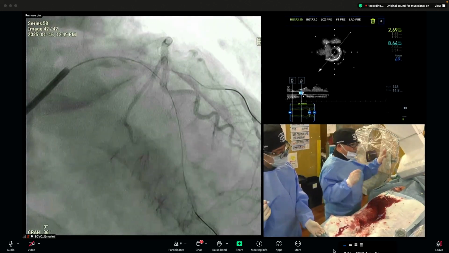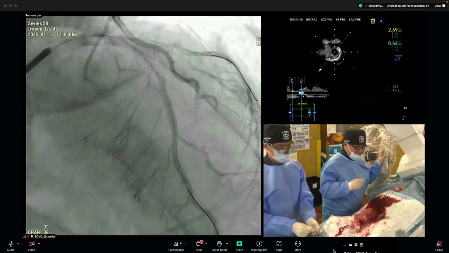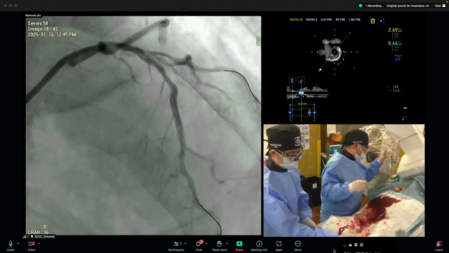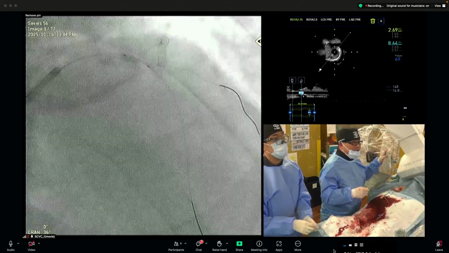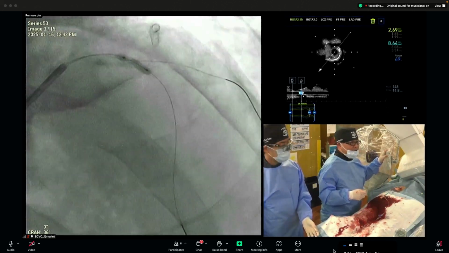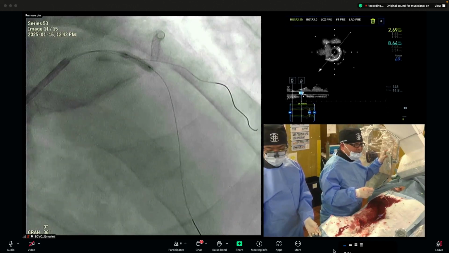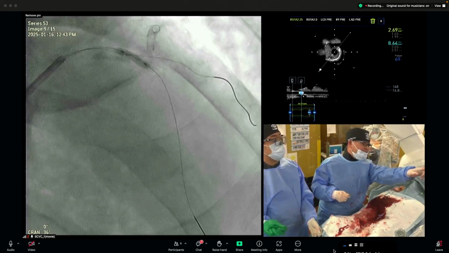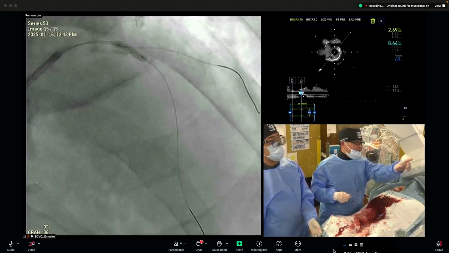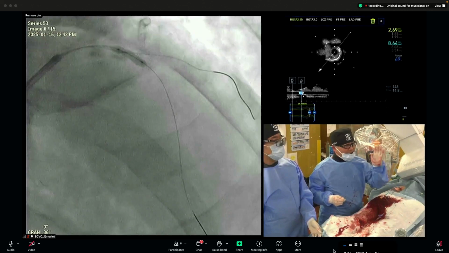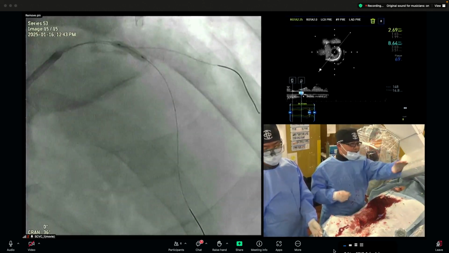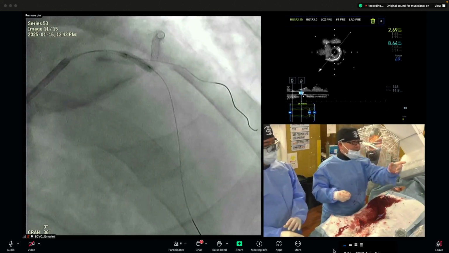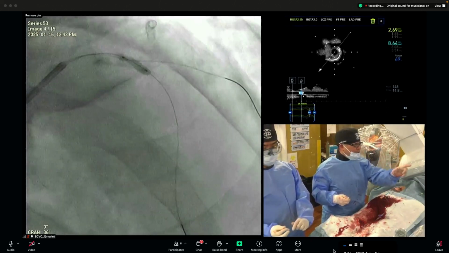Sorry, during the procedure, I could not catch a lot of the questions. So after my comment, maybe Kuramitsu sensei can explain that. If you make only a cracking technique, you cannot make a good expansion, because this is a 40 atmosphere cutting balloon, but you can see the insufficient balloon inflation, even after the 2.0 and 2.25 rotablation.